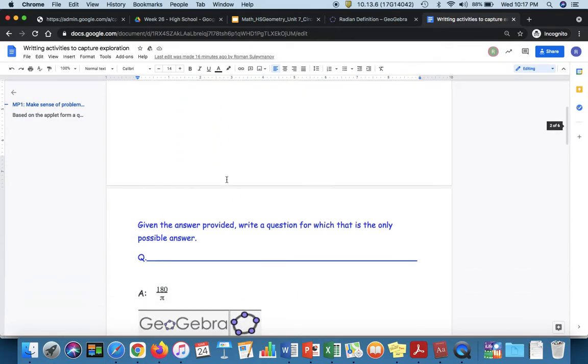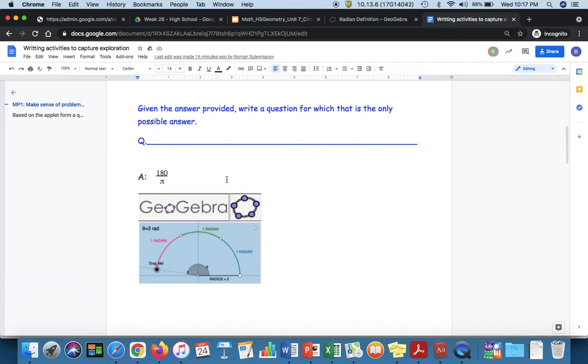The first activity is to give students the answer, and again, they would be using the applet within this writing activity. So I'm giving them the answer of 180 over pi, and you would have students create the question.